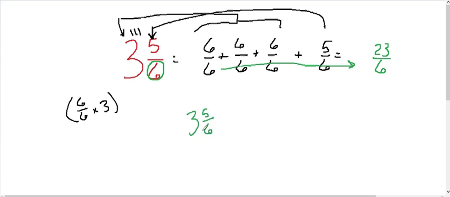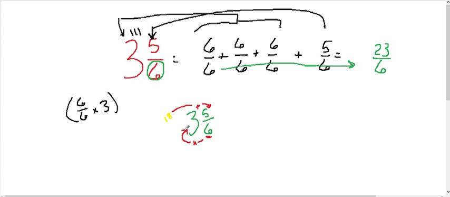The quick version, if I have 3 and 5/6, instead of showing all that addition, because for some fractions that's going to be a big pain, the quick shortcut is take your bottom number, multiply it by your whole number, which gives us 18. Then add that 18 to the numerator you had.